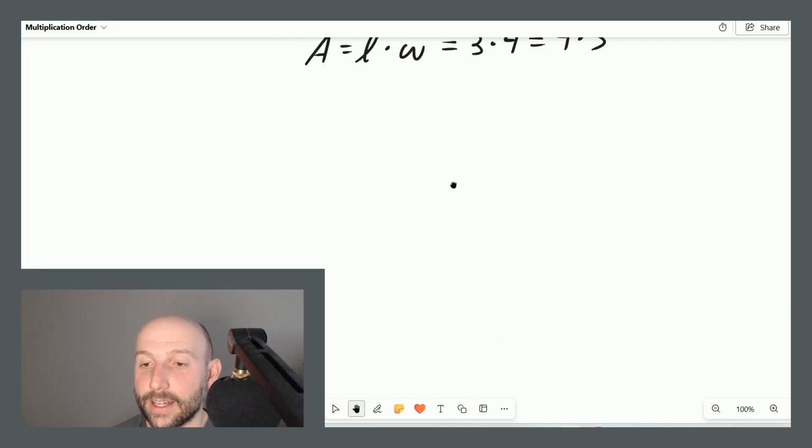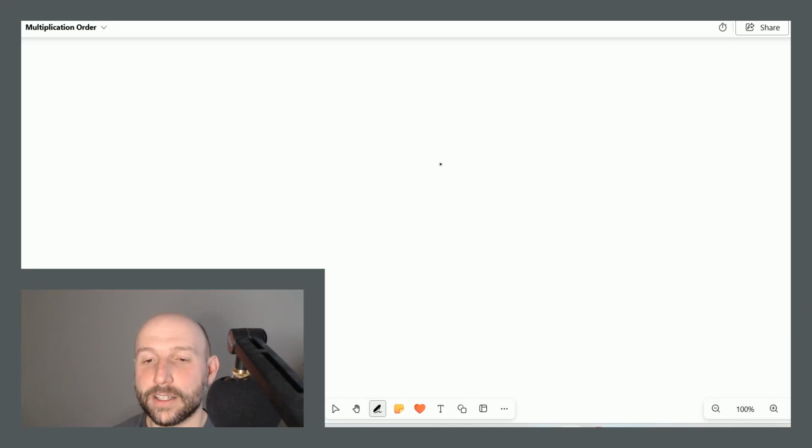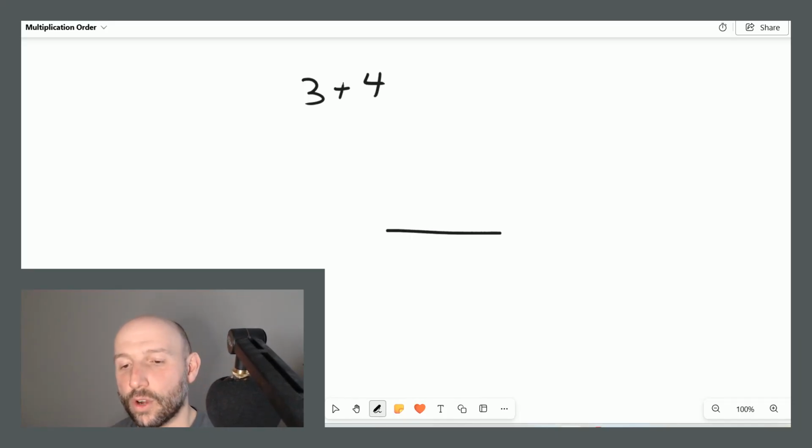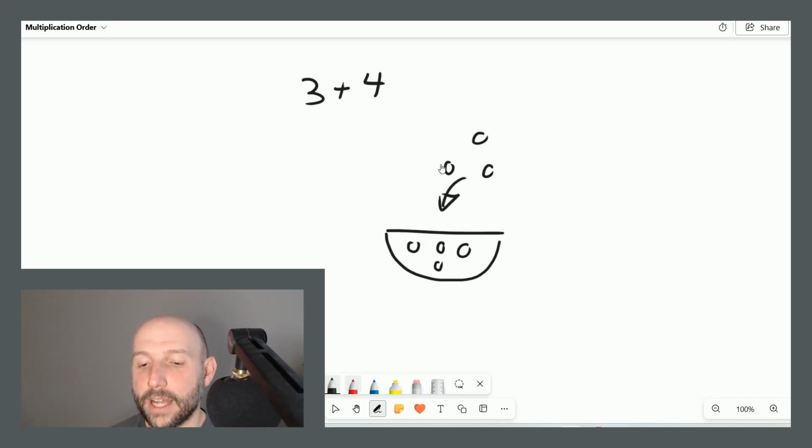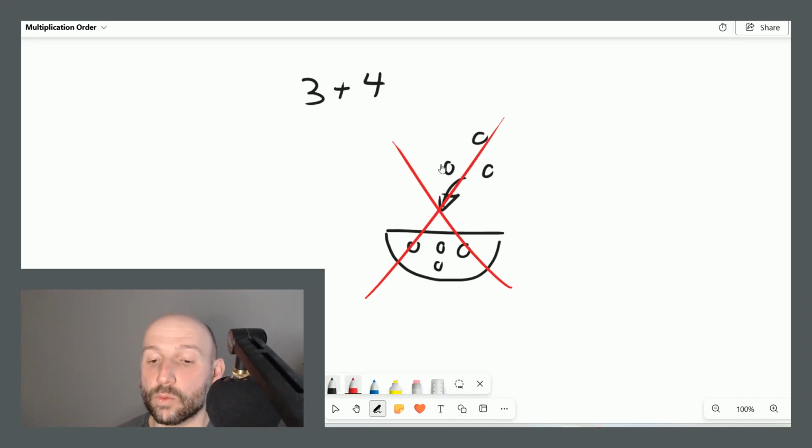And when we look at addition, then we really see how ridiculous it is to mark the student wrong. Let's say a question says 3 plus 4, and it asks a student to draw it. And a student draws a bowl with 4 candies and 3 candies falling into it. Now imagine the teacher says, no, that's wrong.